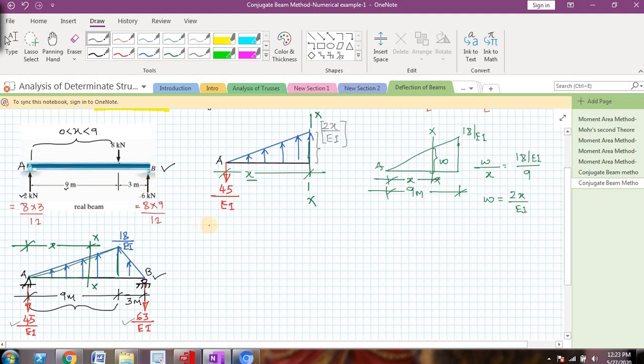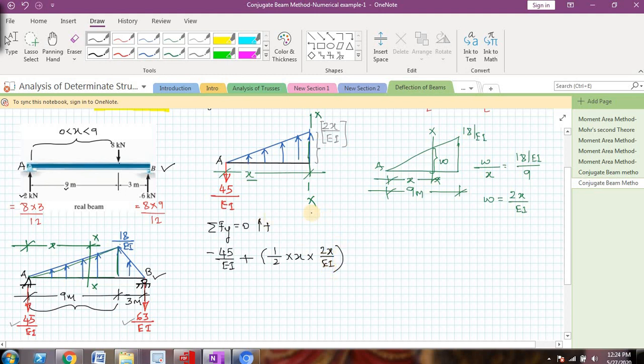So let me write that equation. I will use summation of Fy equal to 0, taking all the upward forces as positive as the sign convention. So 45 by EI is downward, so I will write it as minus 45 by EI. And this uniformly varying load is upwards, so I should write it as plus half of base x multiplied by height 2x by EI.